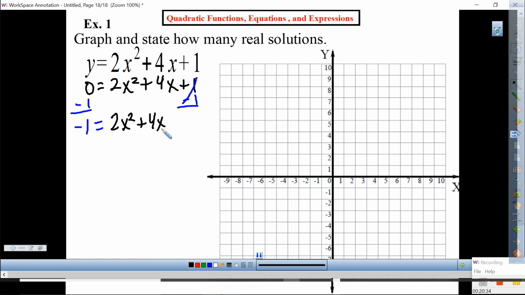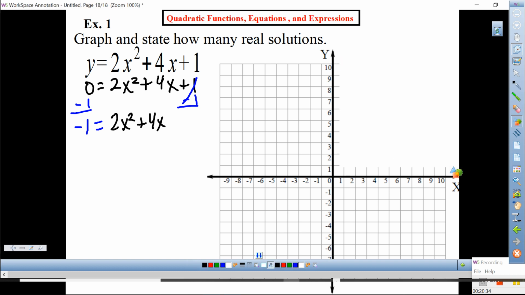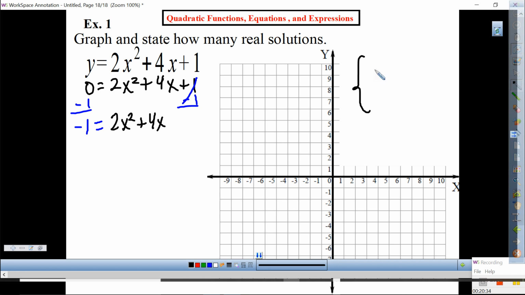Now, before I do the next step, writing utensils down, look up to the screen. Writing utensils down. All right, here it goes. So, last week I gave you guys plenty of practice with this, and I gave you a system which is y equals 2x plus 3 and y equals x minus 1. You guys remember these? Yes?